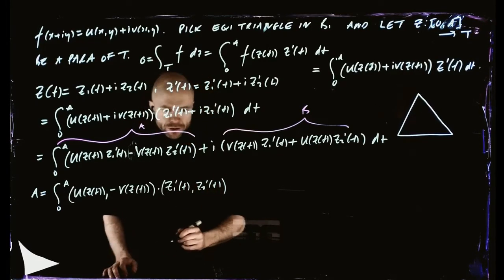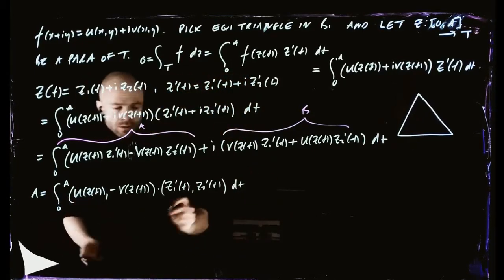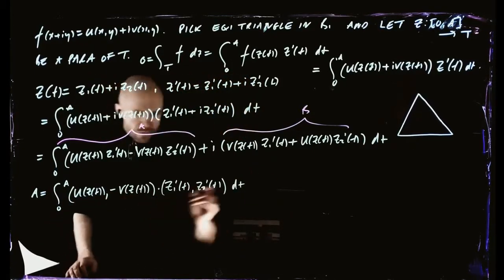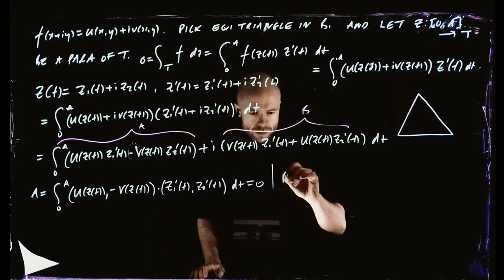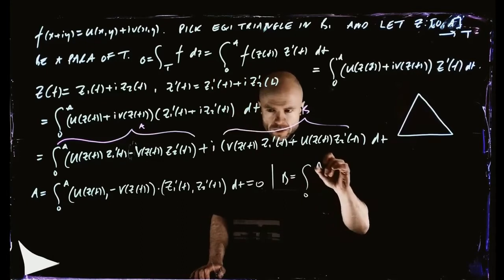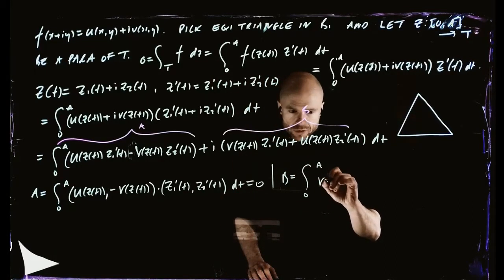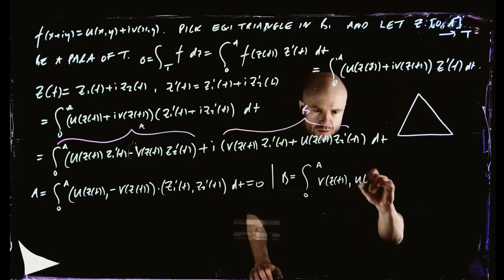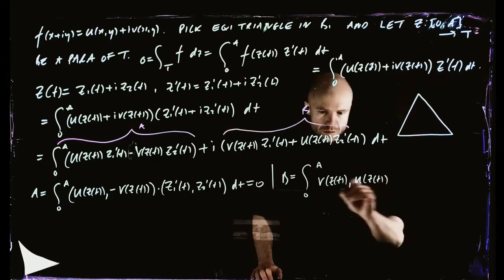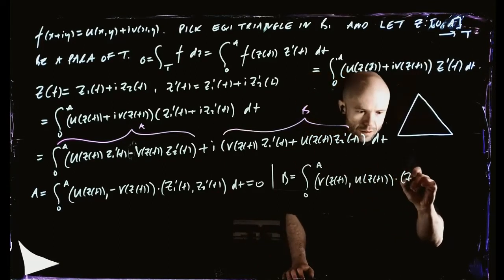That's what this expression is, dt. And this thing is equal to 0. Yeah? And b is the integral from 0 to a of this expression. Again, we're going to write it as a dot product. So we're going to write (v(z(t)), u(z(t))) dot product with this thing.